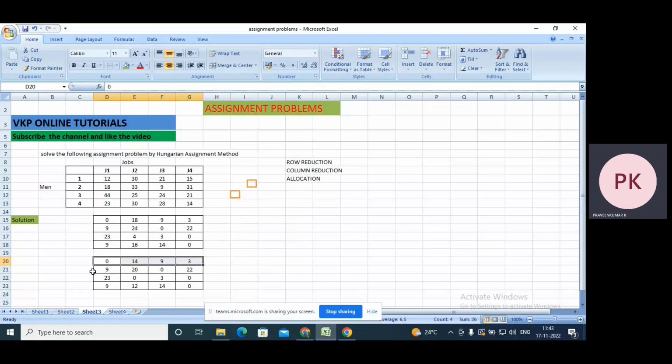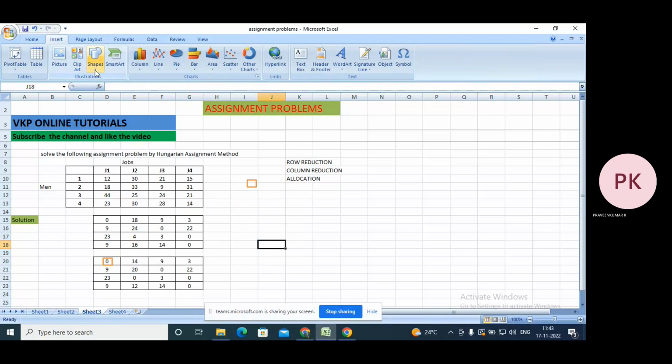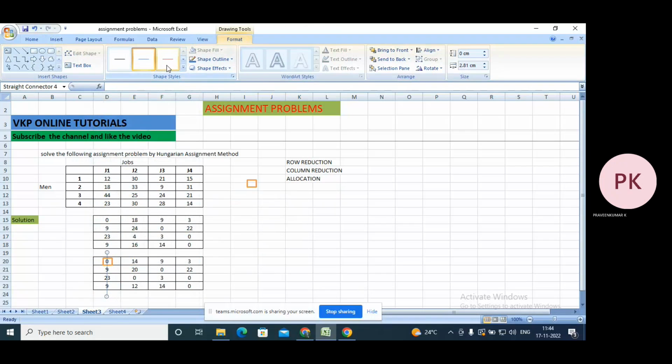Therefore, I will allocate this 0 and cancel the corresponding column, which is the first column. So I will cancel this column.